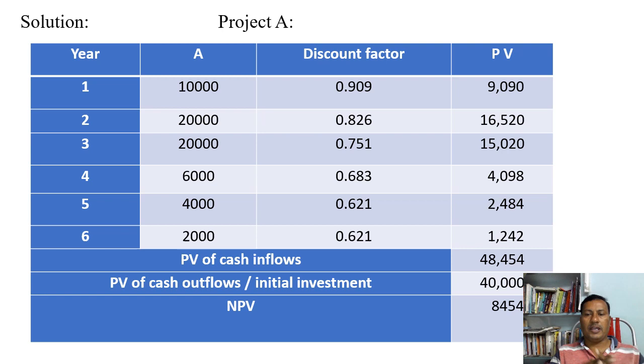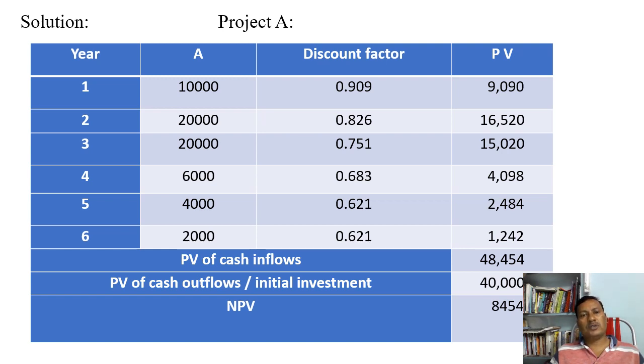So we can move to the project A. Solution: the first year it gives annual cash inflow, that is 10,000. Discount factor is 0.909. So the present value becomes 9,090.